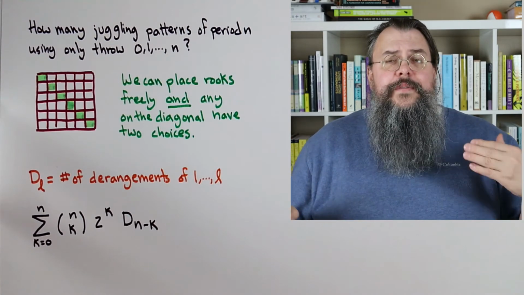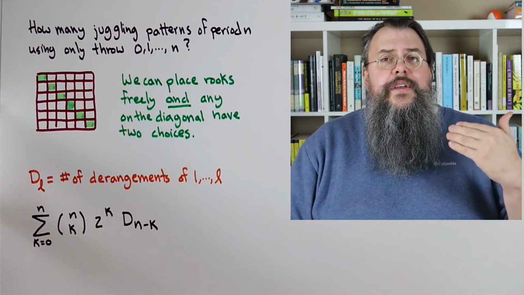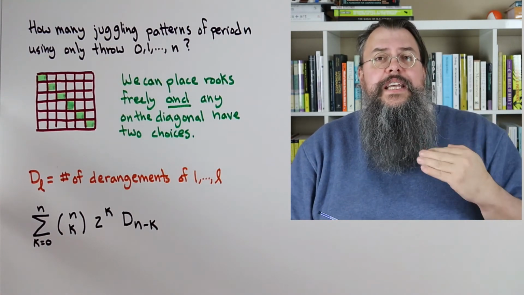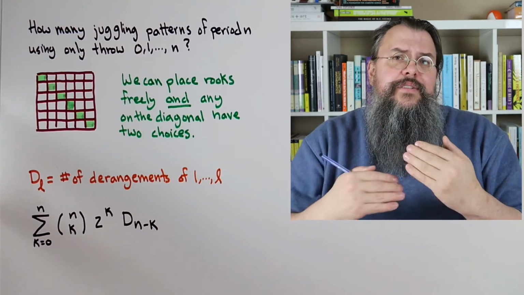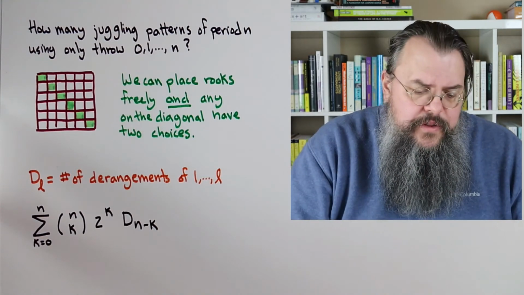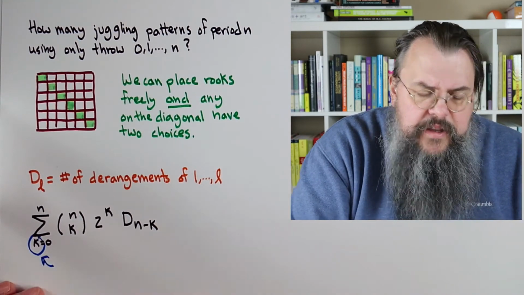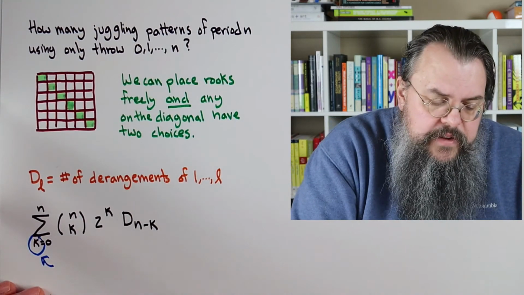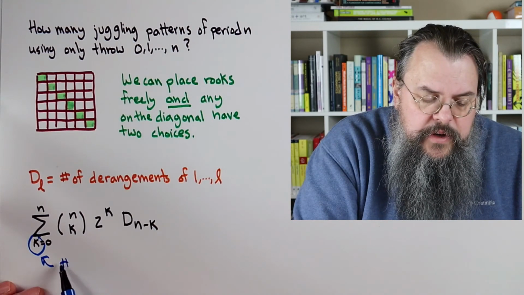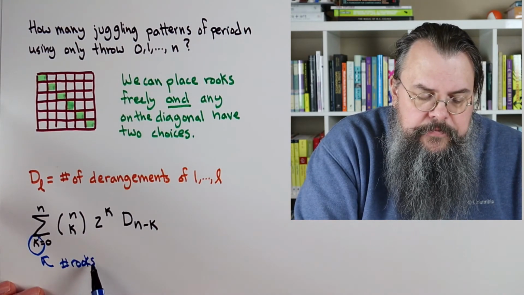The first thing that often you want to think about is you're adding, and there's this index. Well, what does that index correspond to? Another way of saying this is, what exactly is this thing calling k? What we'll have is that k is going to be the number of rooks on the diagonal.